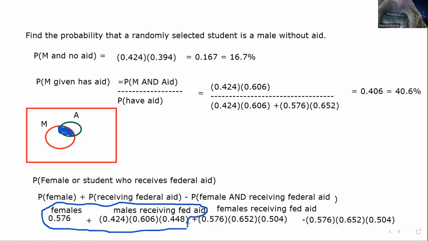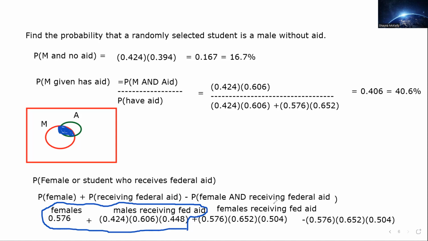Because the other group is going to get taken out. They're the overlapping group. Okay. Because the females and the males, some of them do receive aid. So this is what we're going to have.